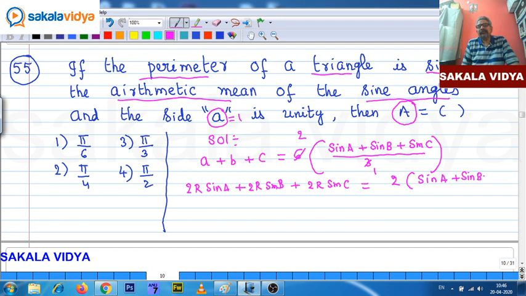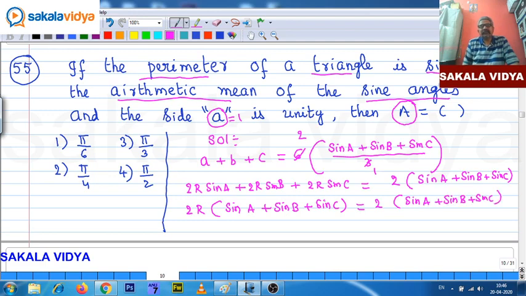We just need to simplify carefully. That's all. Don't be in a hurry. Take 2r common. If you take 2r common, we get 2r times sin A plus sin B plus sin C equals 2 times sin A plus sin B plus sin C. So now sin A plus sin B plus sin C cancels. 2r is equal to 2.